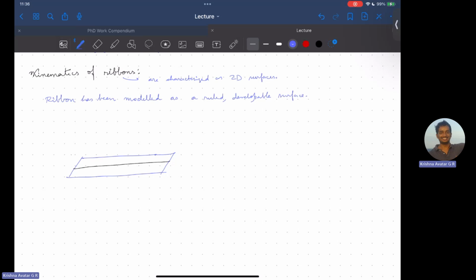Then we have these axes: this is E1, this is E2, and this is E3. And this gets mapped to some deformed shape.